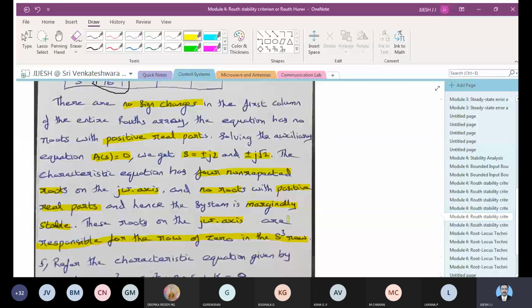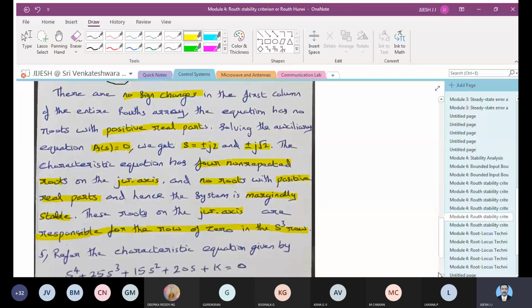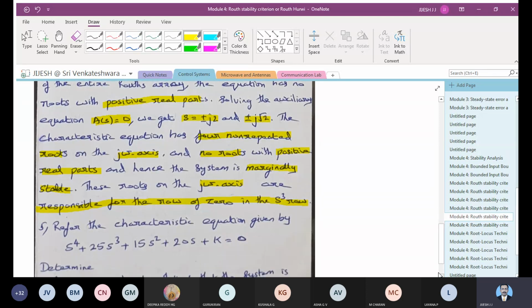So you can note down these points and let us see a problem here. Refer to the characteristic equation given by s^4 + 25s^3 + 15s^2 + 20s + k = 0. So you complete all these points.